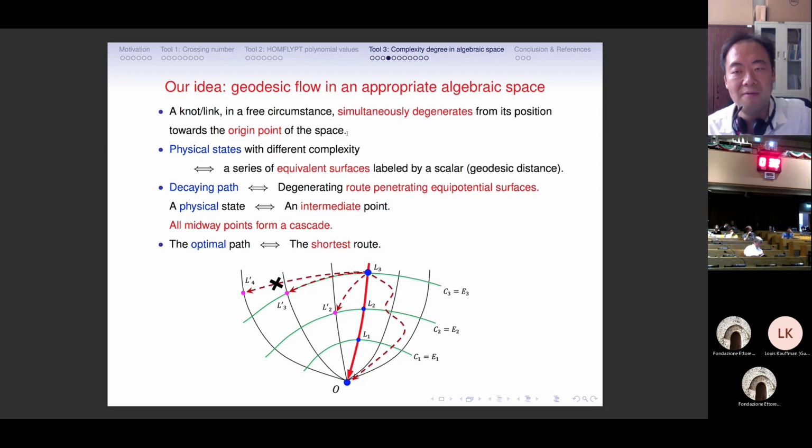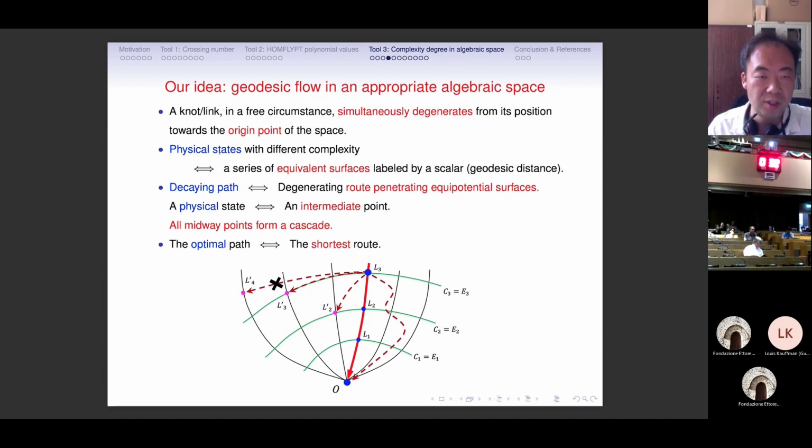So that means if we have an abstract algebraic space, then a knot could be represented by a point in the space, right? Then the degeneration procedure just corresponds to the moving from the knot point to the origin of the space.